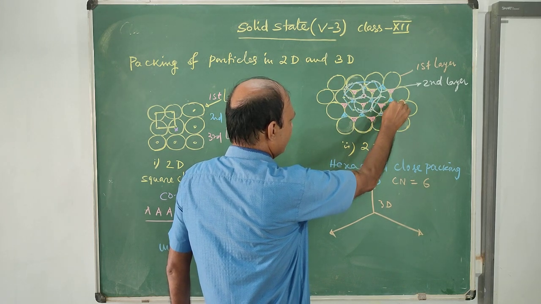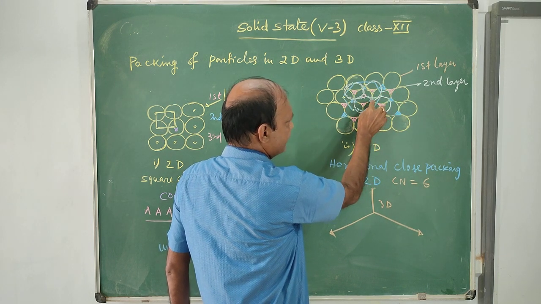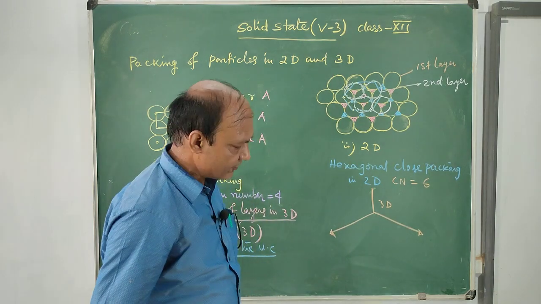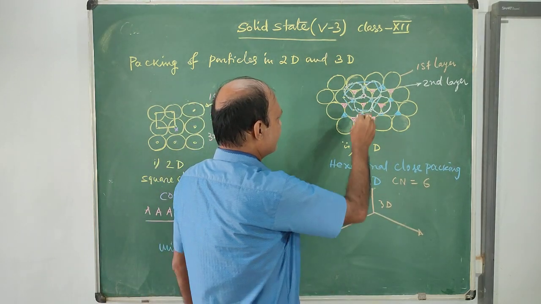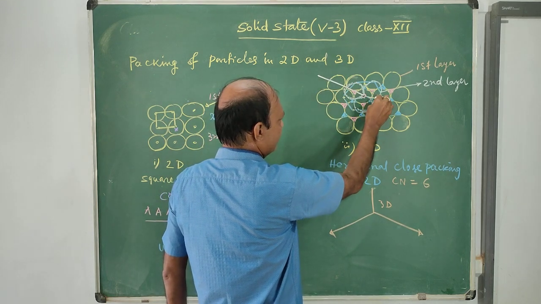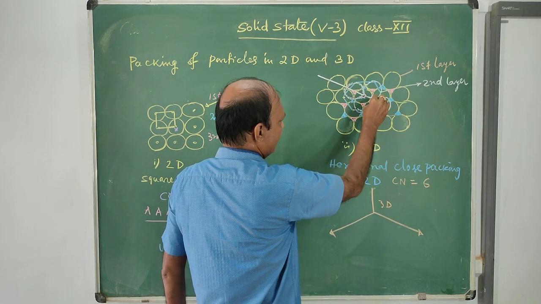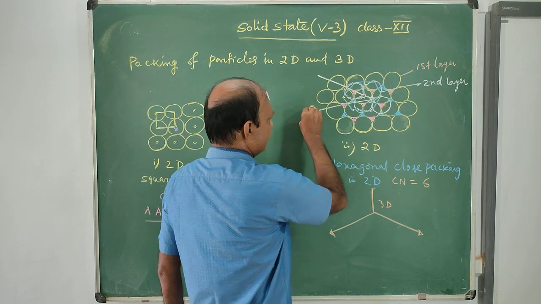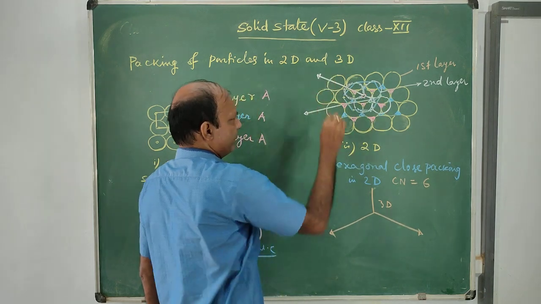See it here. Another triangular depression is formed here. So look at this triangular depression and this triangular depression. You see just two triangular depressions.